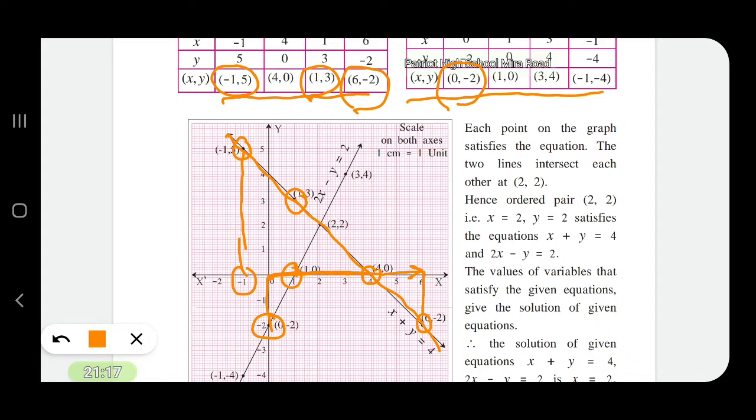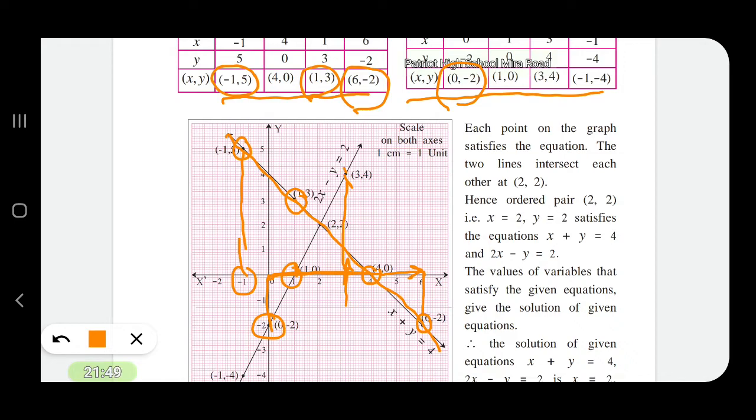The third point is 3 and 4, so you move in the x axis in the positive direction, this will be 3 up to here, and then you move 4 points in the positive y direction, above the x axis.